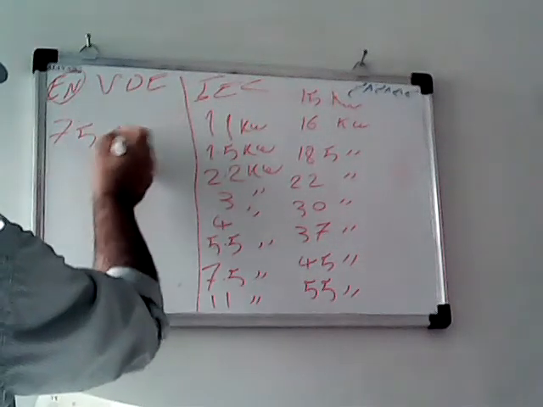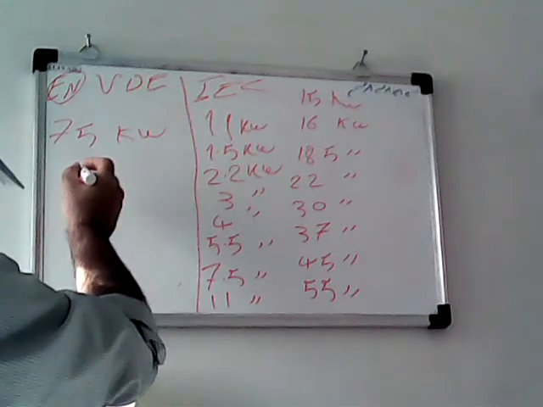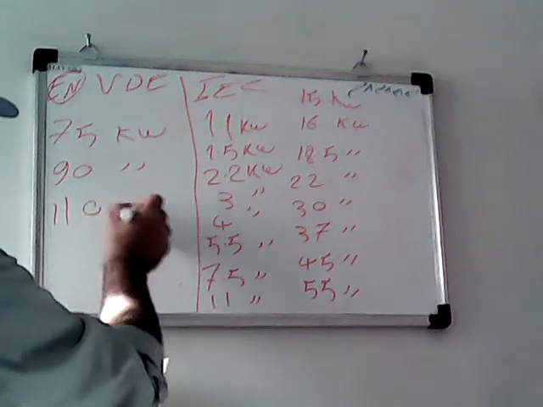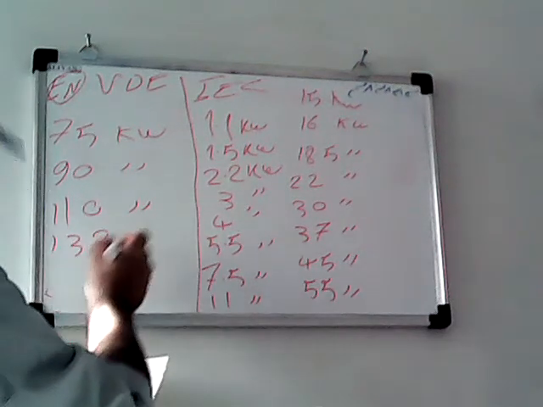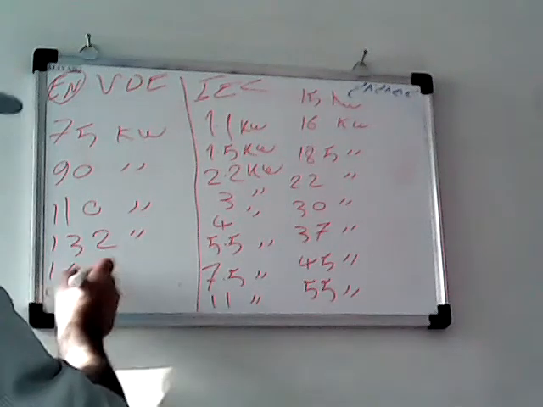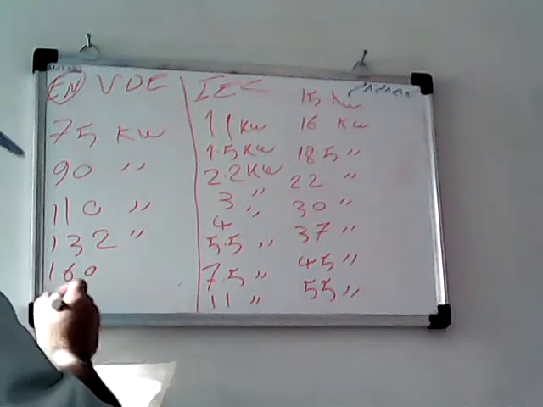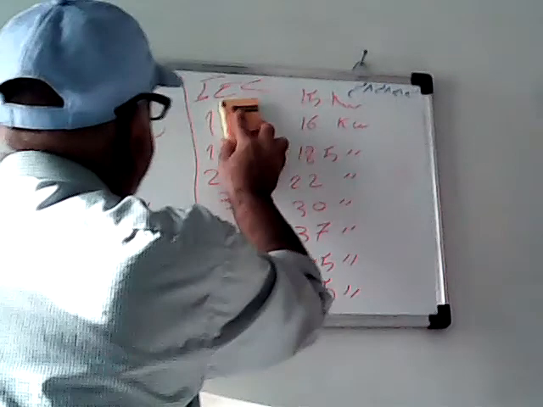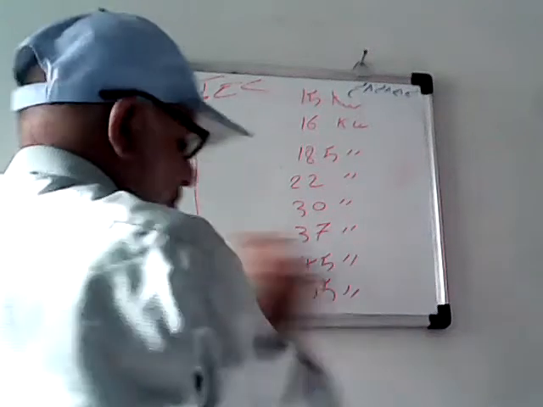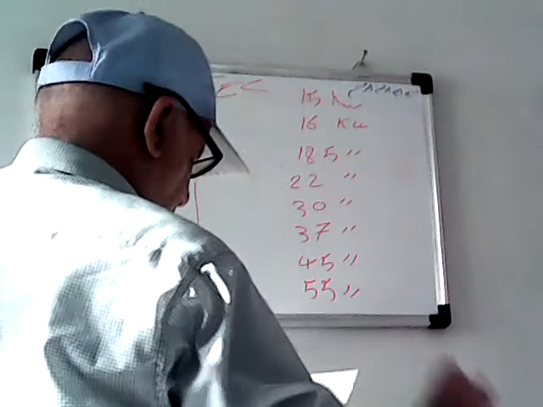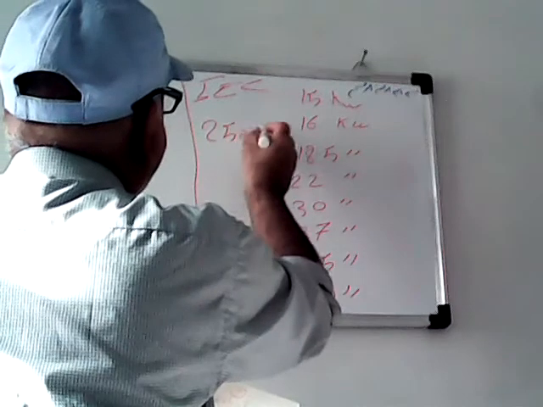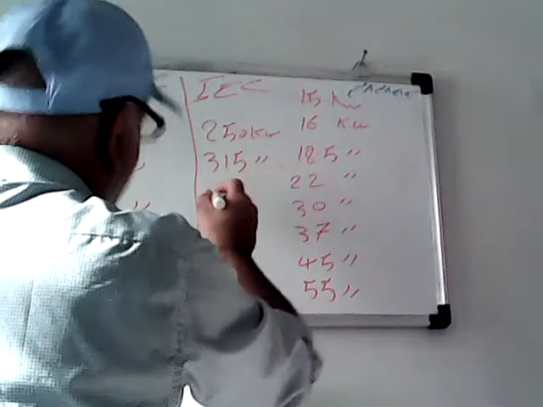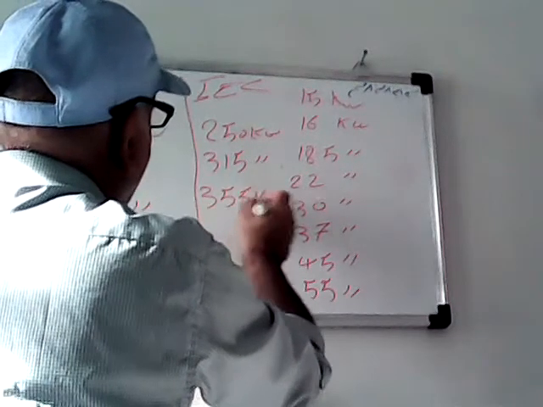$75, 90, 110, 132, 160, 200, 250 kilowatt, 315, and finally 355 kilowatt.